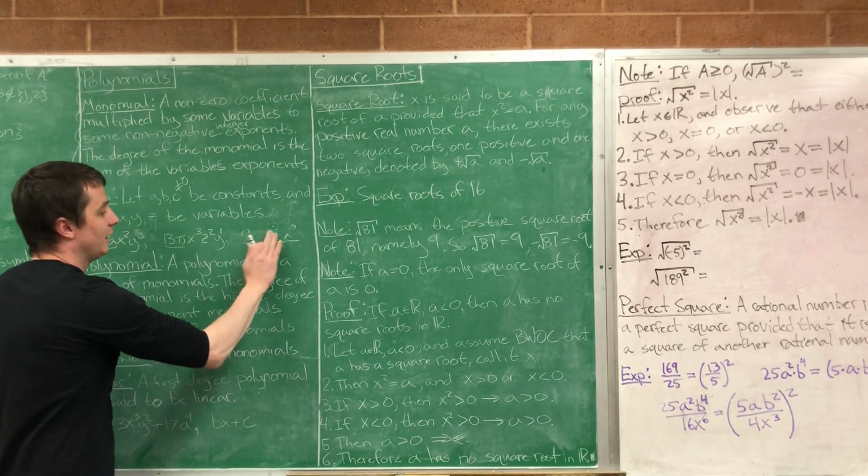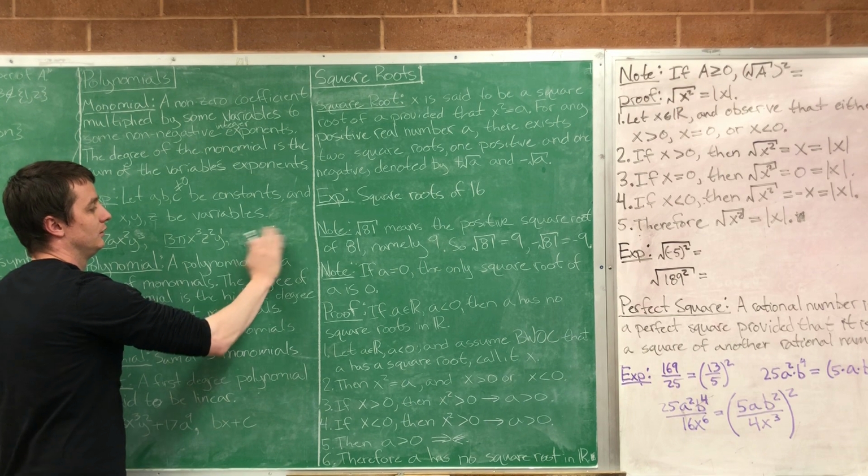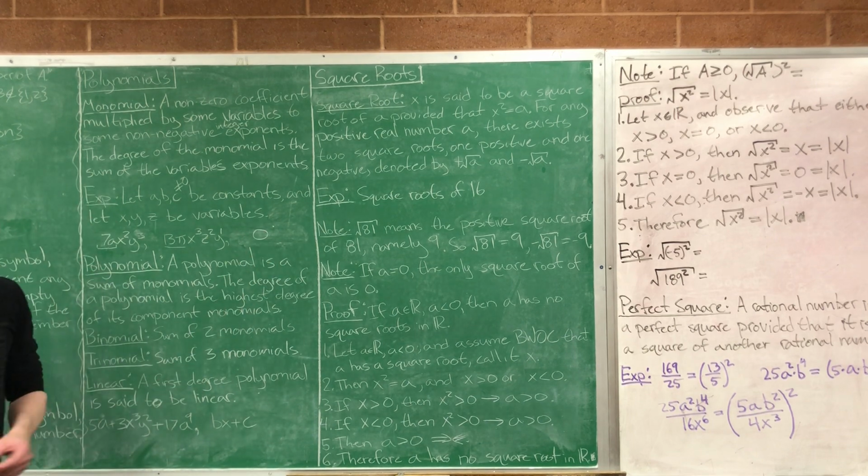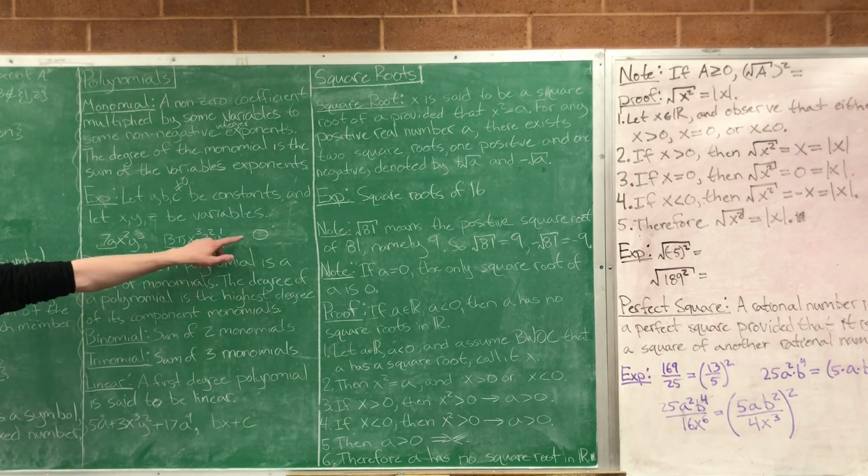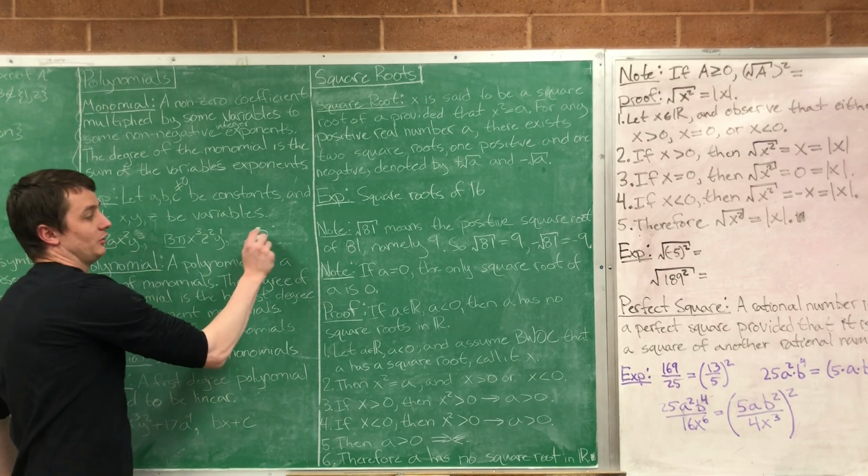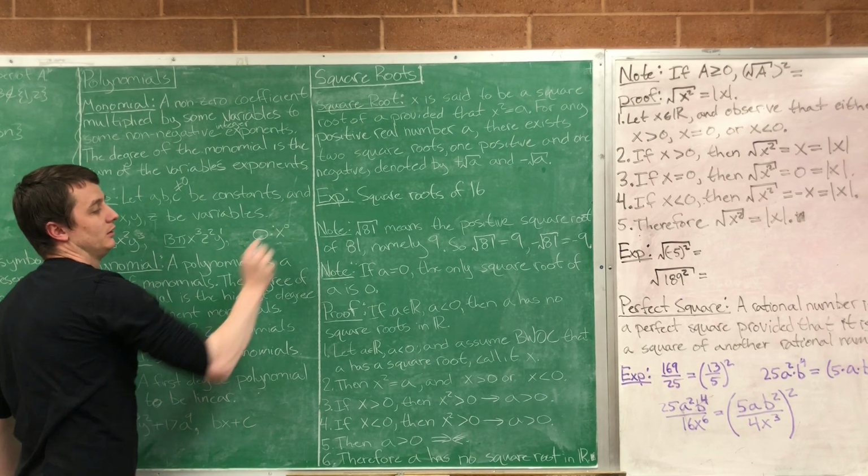What if we add up nothing? Is that a monomial? We have a yes, we have a no. What do we think, girls? It's a monomial, not a polynomial. Well, we could rewrite this as 0 times x to the 0, right?